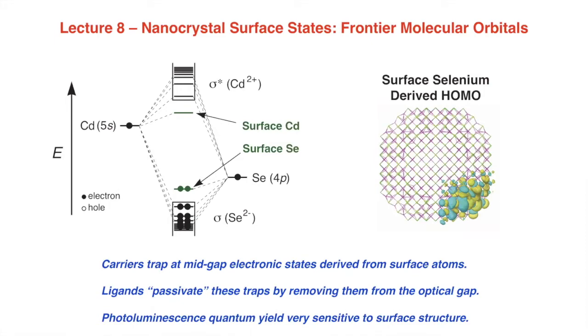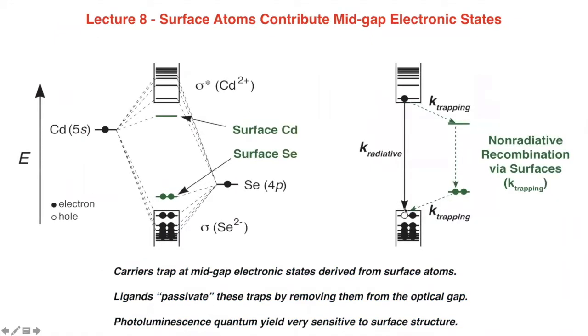And so, promoting this electron into the conduction band, now the electron has this choice of whether it's going to head to a surface cadmium atom or recombine radiatively. And likewise, the hole has a choice. A selenium-derived lone pair from a surface selenium state can trap the hole.